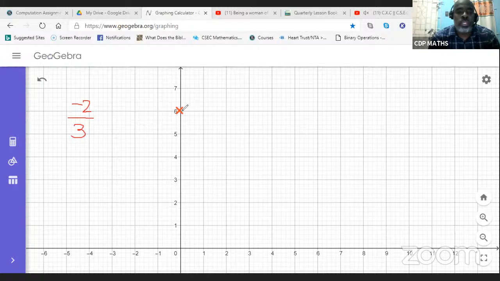So run is 3. So from here is 1, 2, and then 3. Negative 2, so we must go down. So 1 and then 2. So our next point is right here. Then we'll go again, 3 across. 1, 2, 3.